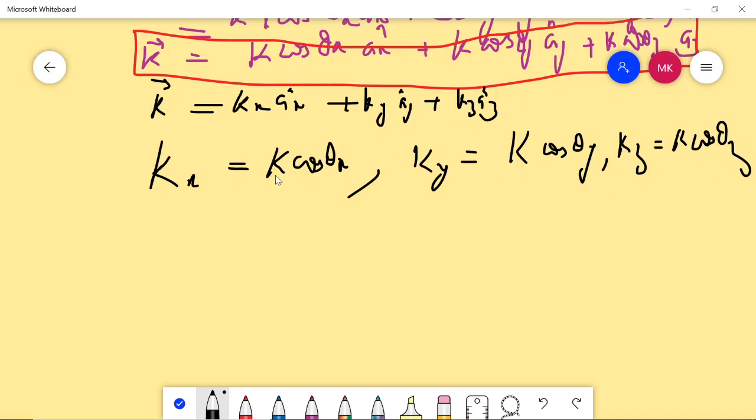So if you know k or beta and you know the direction cosines, you can find the components of k along ax, ay, and az.